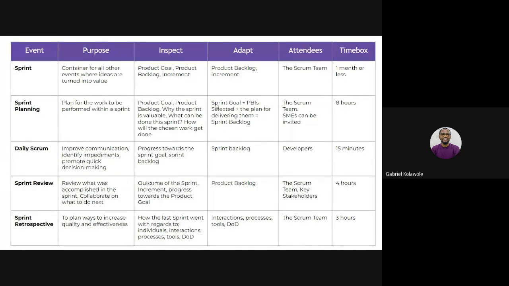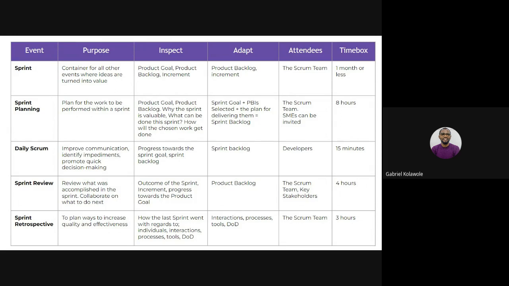Then you adapt your sprint goal. During the sprint, one thing we need to understand is this: as much as it is good to plan, when we plan for a sprint and we start working, the one thing that guides the Scrum team once a sprint starts, or at that sprint planning session, is the sprint goal, what we want to achieve for that sprint.